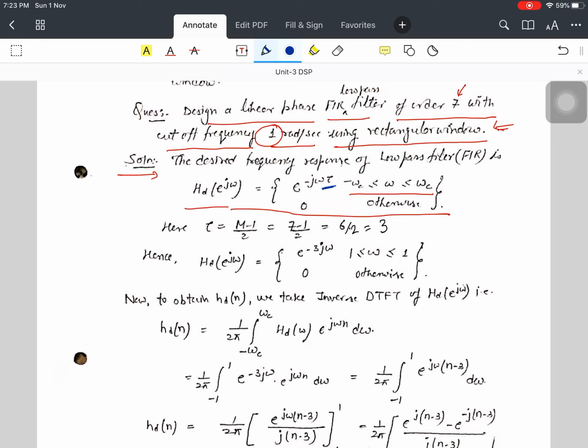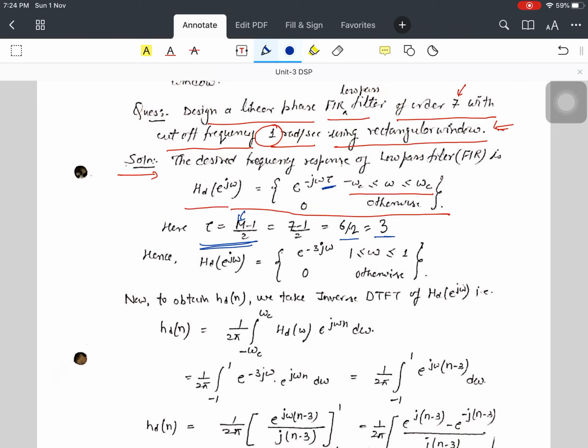We know the formula, τ = (M-1)/2, and the order of the filter, the value of M, is given in the question, that is (7-1)/2. That would be 6/2. So, τ = 3.